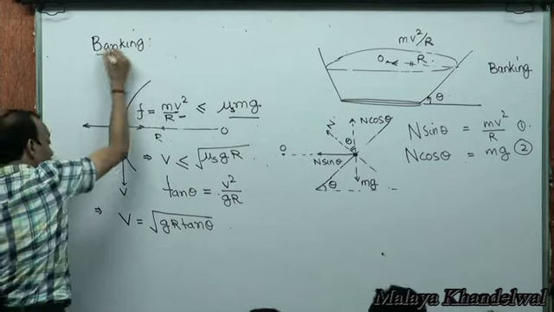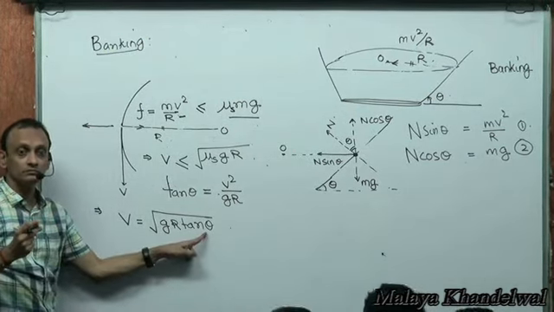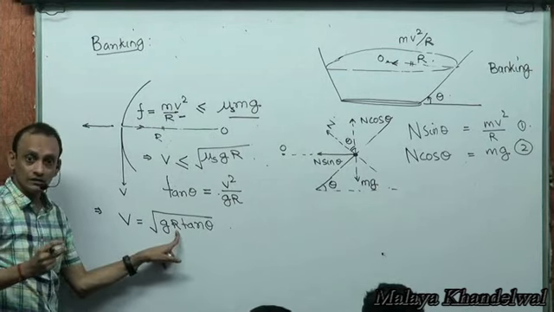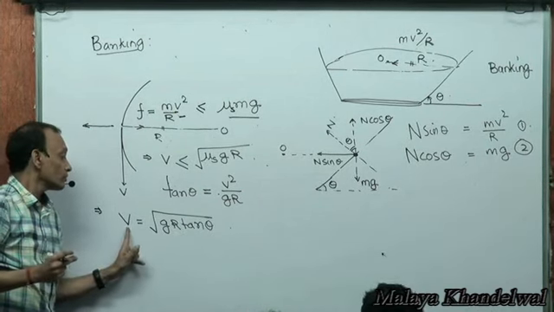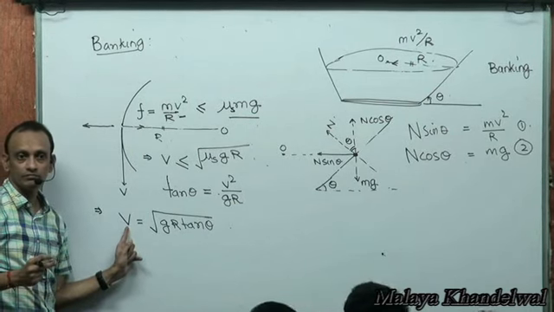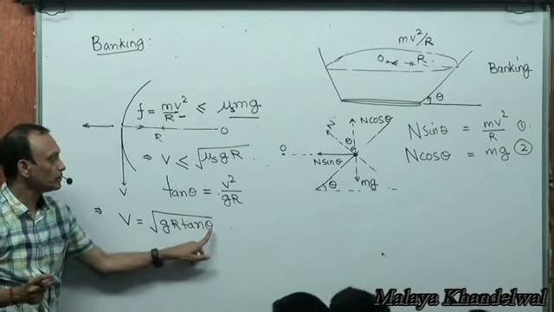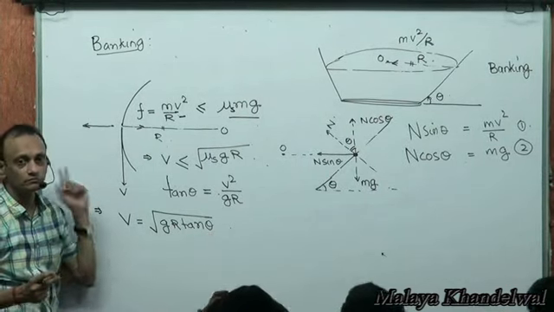They'll tell you this is a road banked at an angle theta for a radius r. You can negotiate a velocity v. You can have a velocity v for a radius r on the banked road banked at an angle theta.